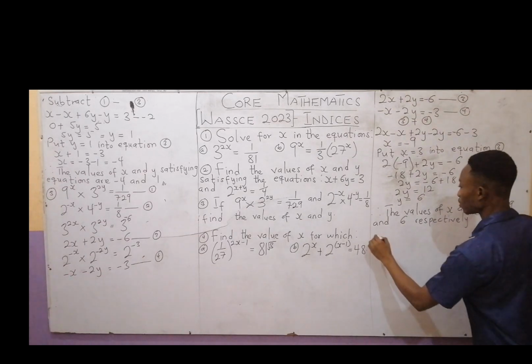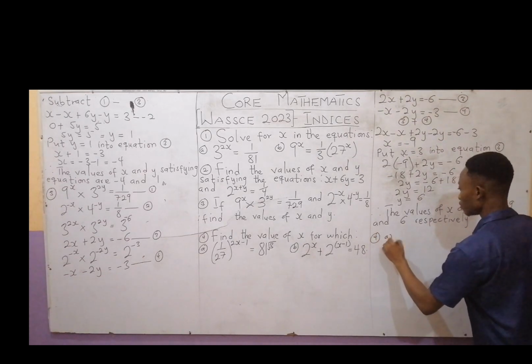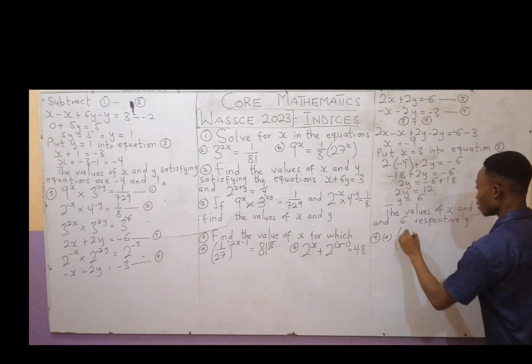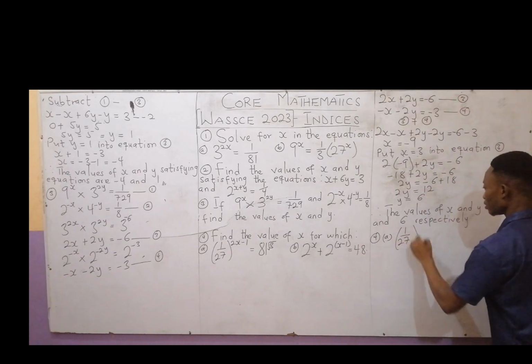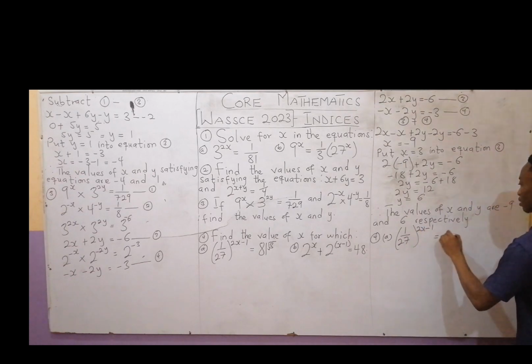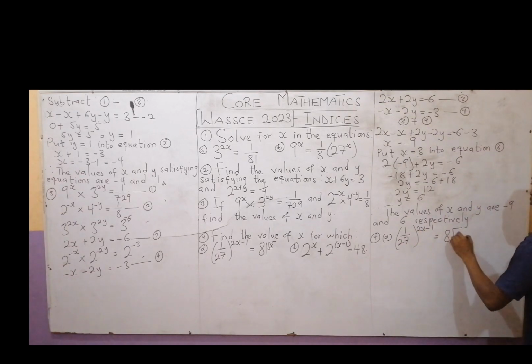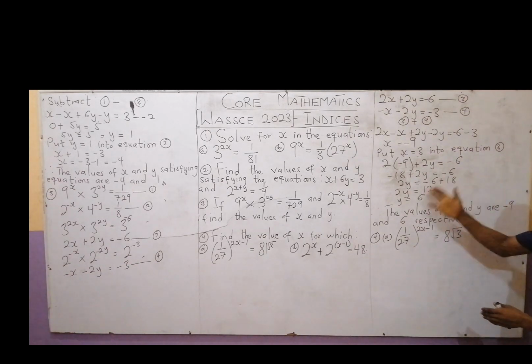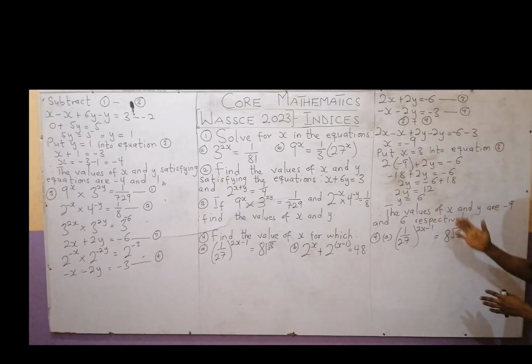Now, let's go to 4a. We have 1 over 27, all raised to the power 2x minus 1, is equal to 8 root 3. So 1 over 27, all in brackets, raised to the power 2x minus 1 equals 8 root 3.